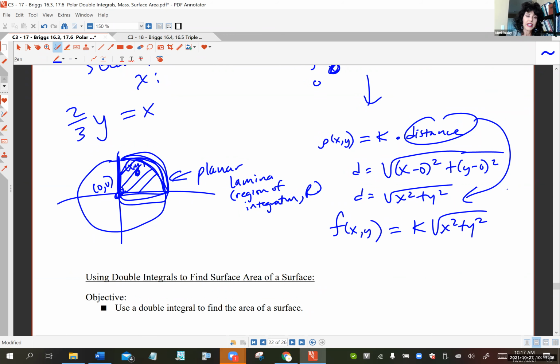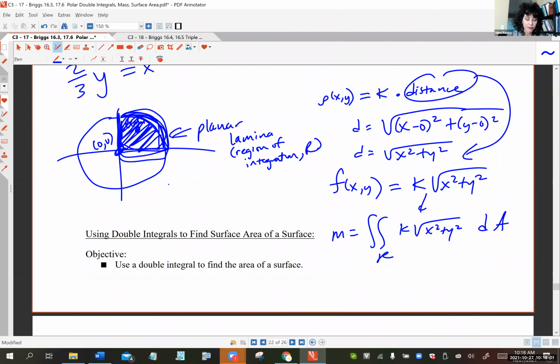Okay, now we're ready to set up the double integral representing the mass of this planar lamina. So the mass is the double integral over the region, and we put our density function here in the integrand, and then some area element. So what do you think, folks? You see that this region is a perfect candidate for polar, and you're going to want to convert to polar.